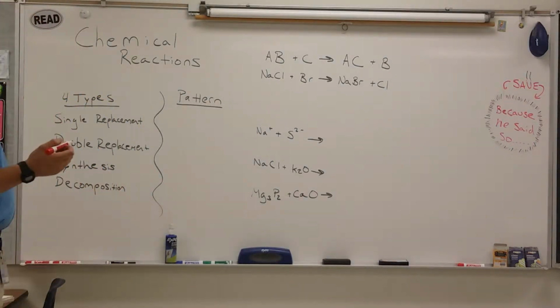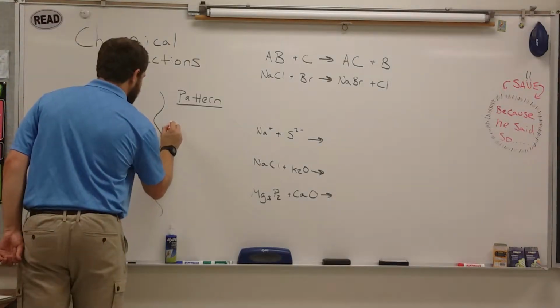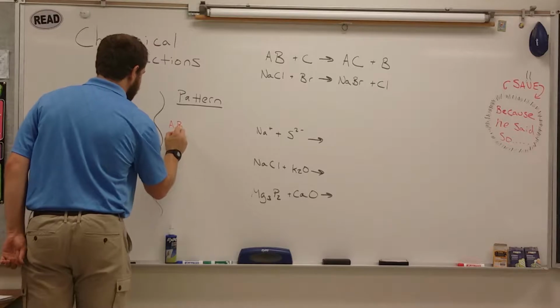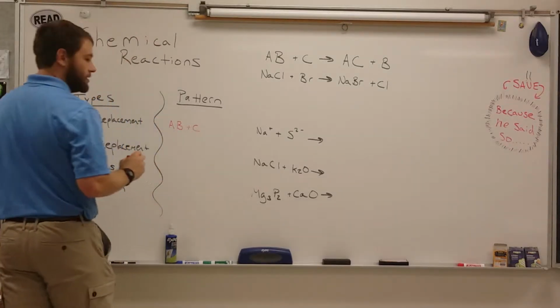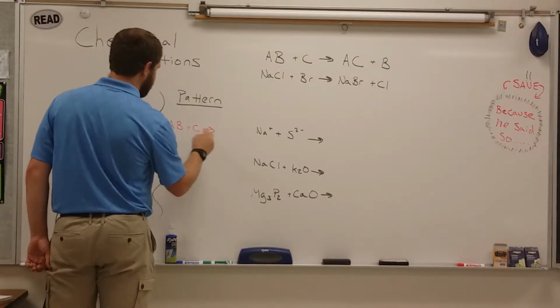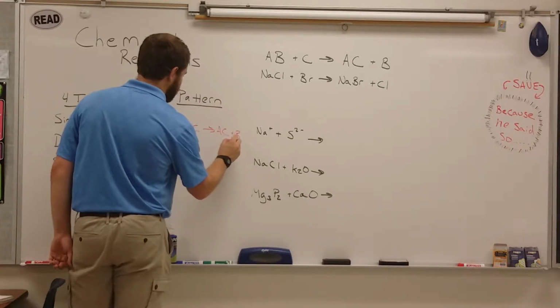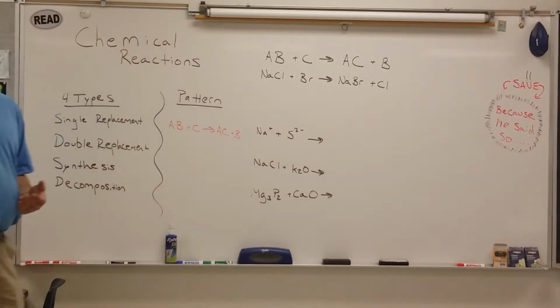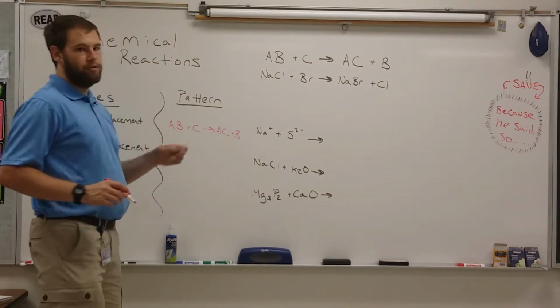So for instance, single replacement reactions are when you have two ions together, let's say A plus B, and you add in a new element, let's say it's C, and the C replaces one of the elements in the original thing. So you end up with AC plus B, or a single replacement. One of the ions is knocked off and replaced with a new element.